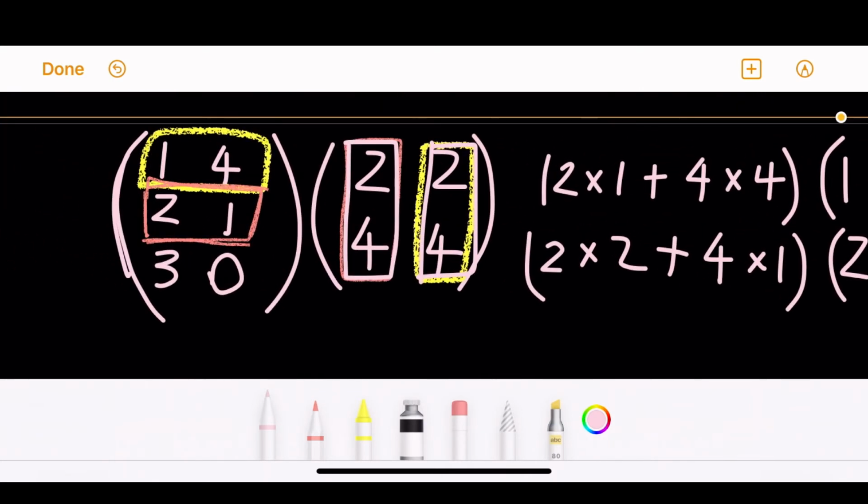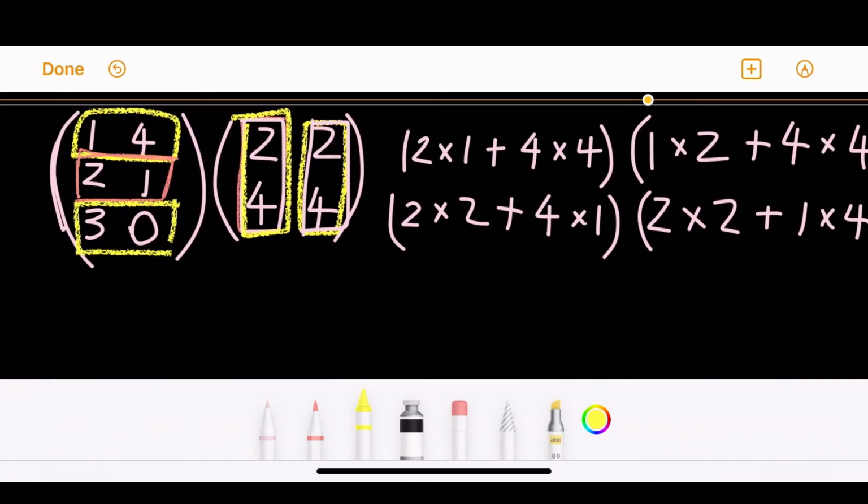Right, and that is the last row with the inner column now. So the last row is 3 times 2 plus 0 times 4.